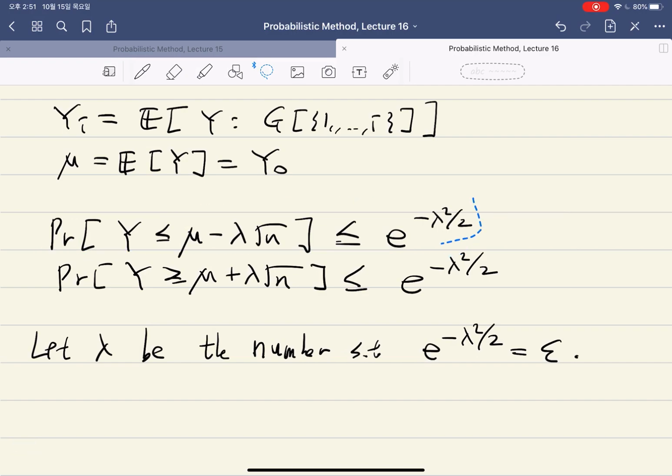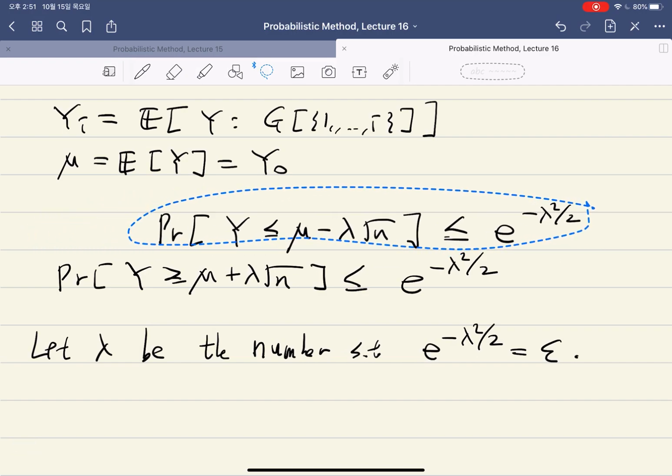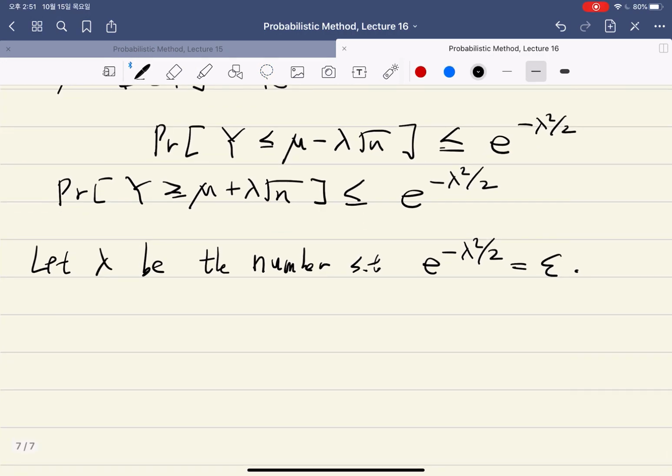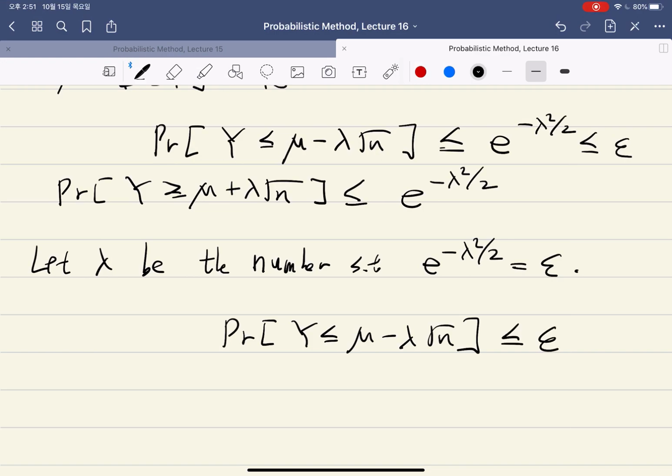So what do we know is that the probability that Y is smaller than mu minus lambda root n is smaller than epsilon. The probability of Y being 0 is bigger than epsilon.